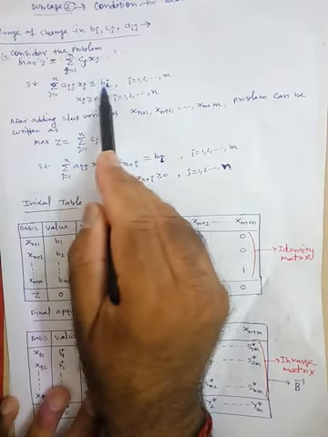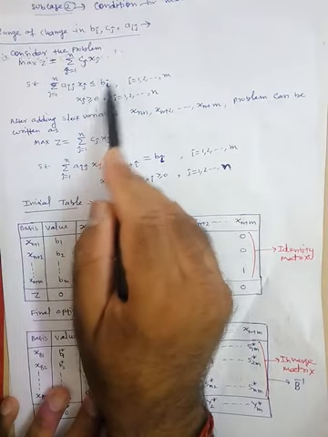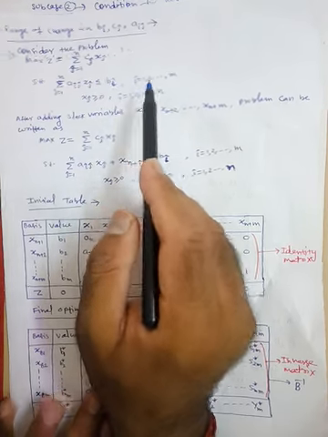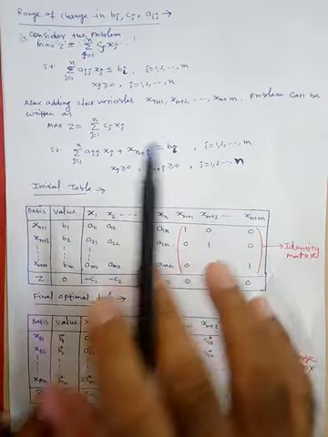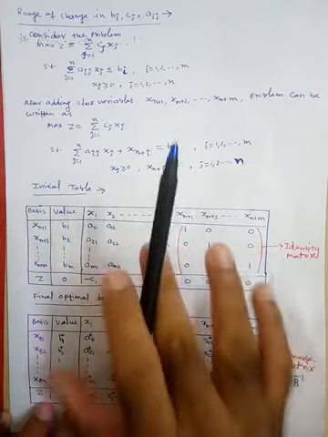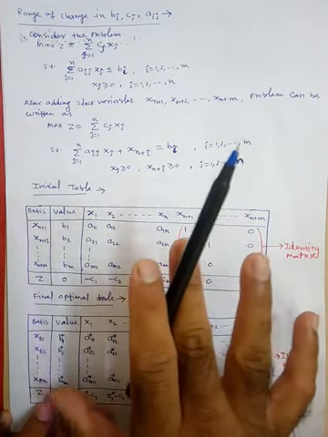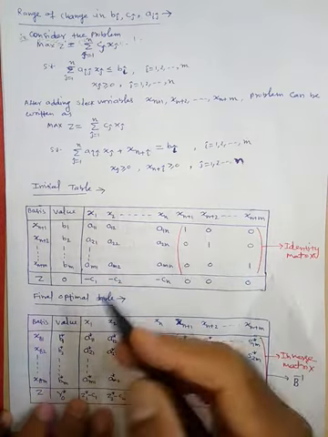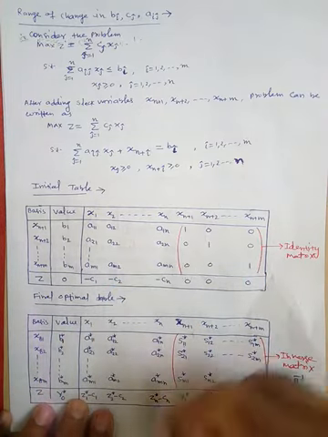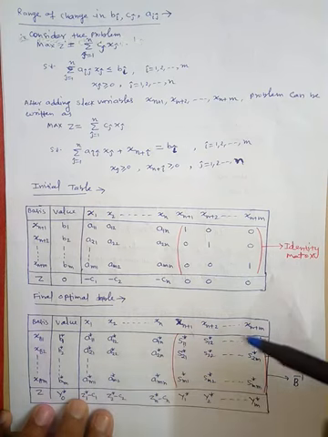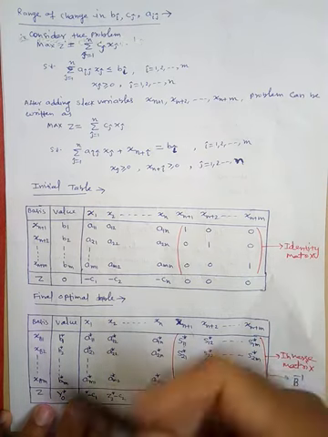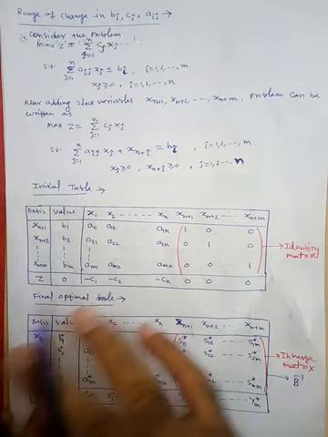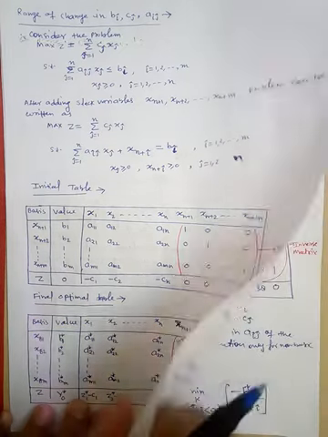If you change any value here, bi to bi plus delta bi, then our interest is to find the range of change of bi, that means delta bi, so that the optimal solution remains optimal and does not become infeasible. After making the changes, we evaluate the optimal table again, and the solution remains optimum, not infeasible.